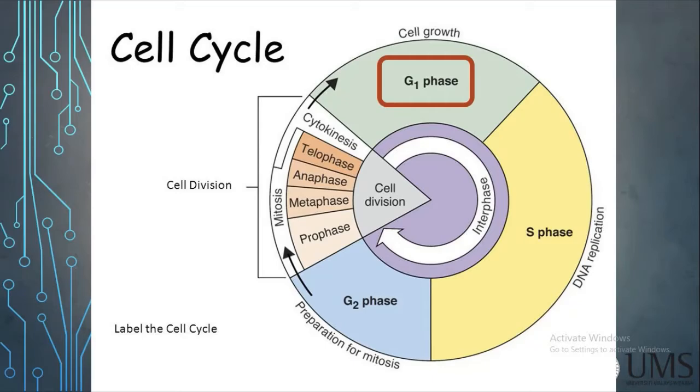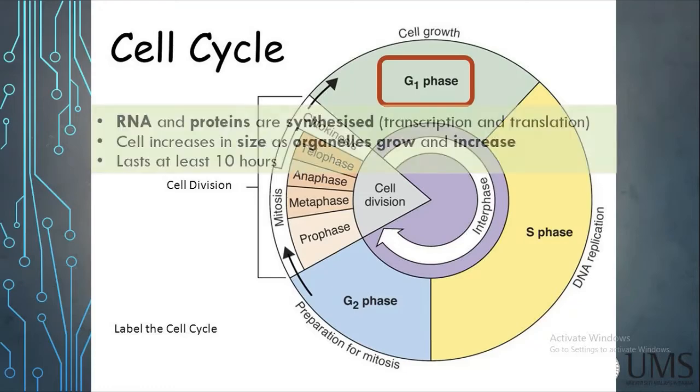In interphase, the G1 phase is also known as the gap 1 or growth 1 phase. During this phase, RNA and proteins are being synthesized. So when the RNA and proteins are being synthesized in bulk, the organelles will grow and increase to support them.